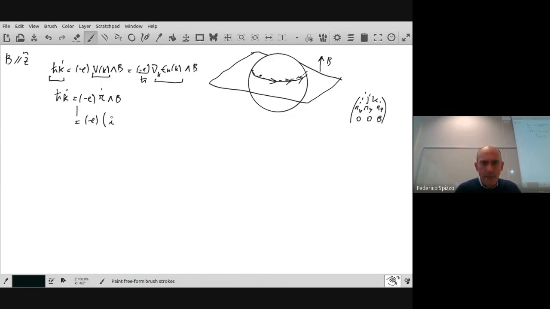So I have i versor, derivative of r y times B, and just to distinguish that this is not a vector, I put the modulus. Then I have versor j, and in this case I have minus r x derivative times B modulus, and no z component.